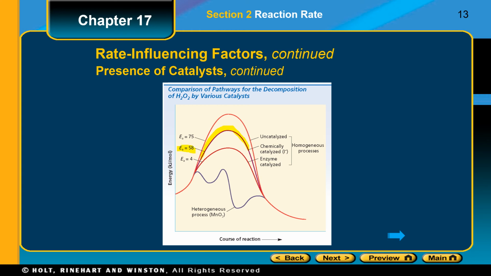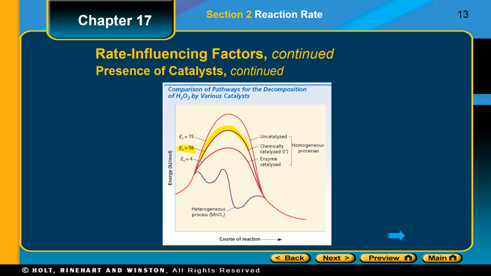So this is a catalyst that is also a liquid, and it is making it take place without requiring as much activation energy. It only needs 58 kilojoules per mole to activate the energy.